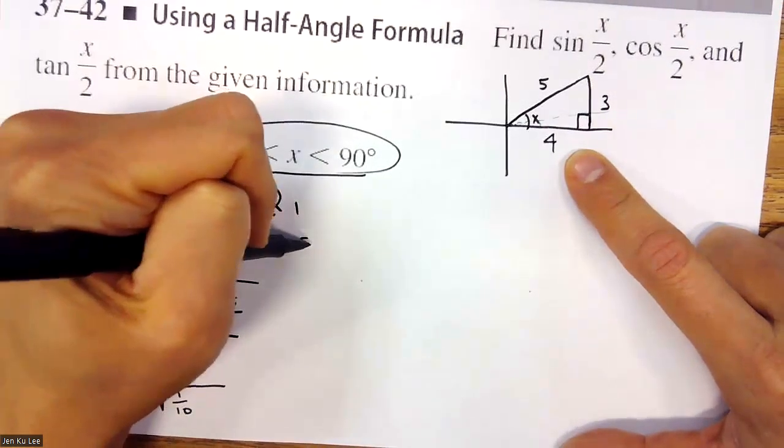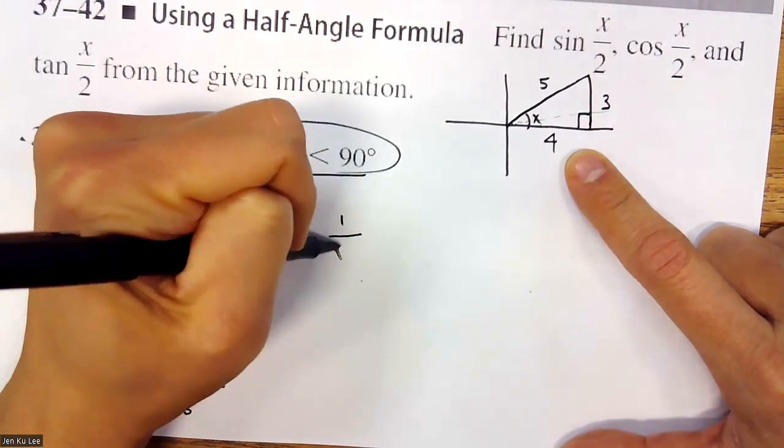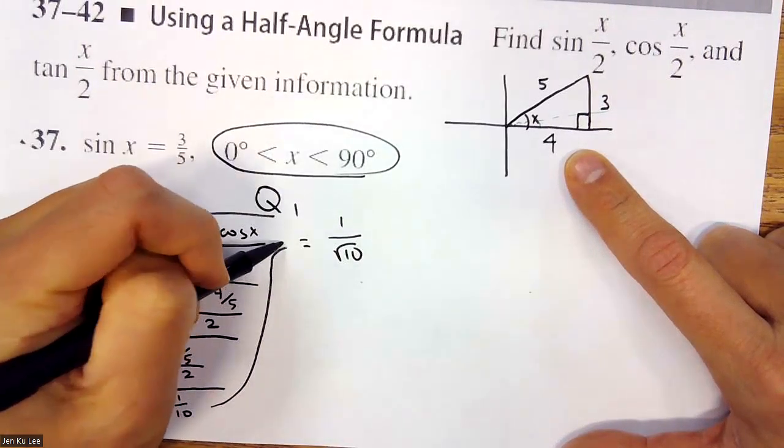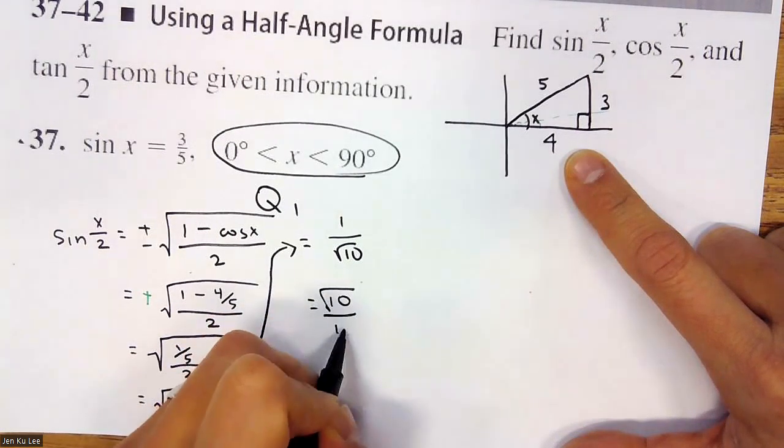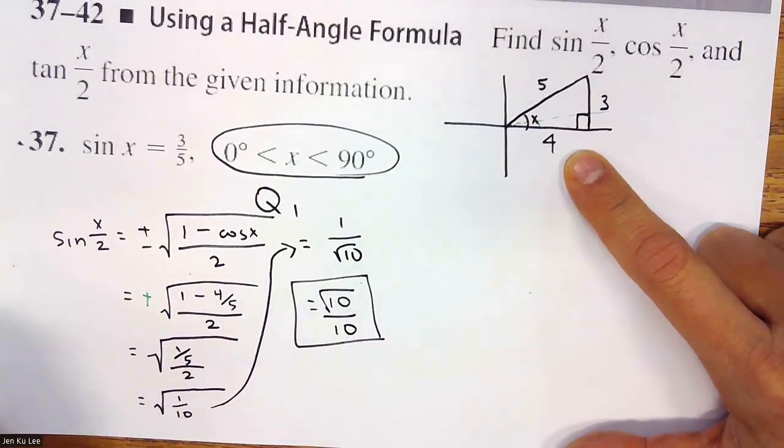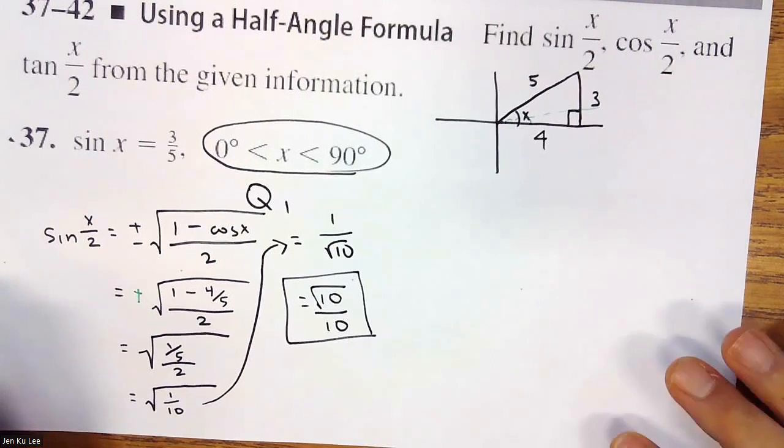So we have to rationalize the denominator. That's 1 over square root of 10. If you simplify that, this would be square root of 10 over 10. Okay? Make sense?